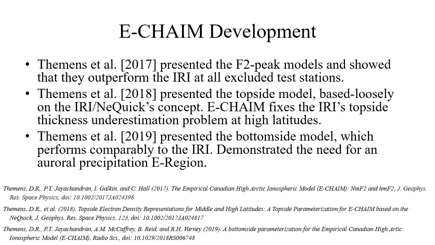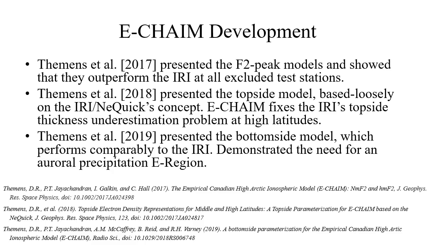So E-CHAIM was developed and published over the course of 3 papers. This 2017 paper described the F2 peak of the model, so hmF2, or peak height of the ionosphere, and foF2, the peak critical frequency of the ionosphere. The 2018 paper described the topside portion of the model, which was based loosely on what's used currently by the International Reference Ionosphere and NeQuick empirical models, but with some fixes to accommodate some fairly significant issues with those models.